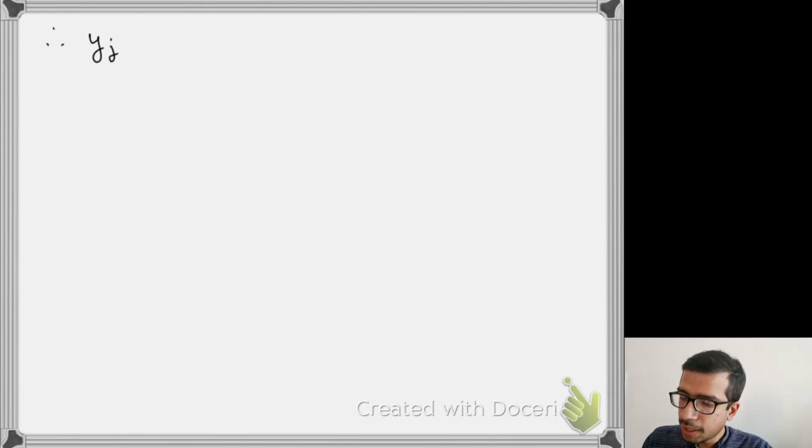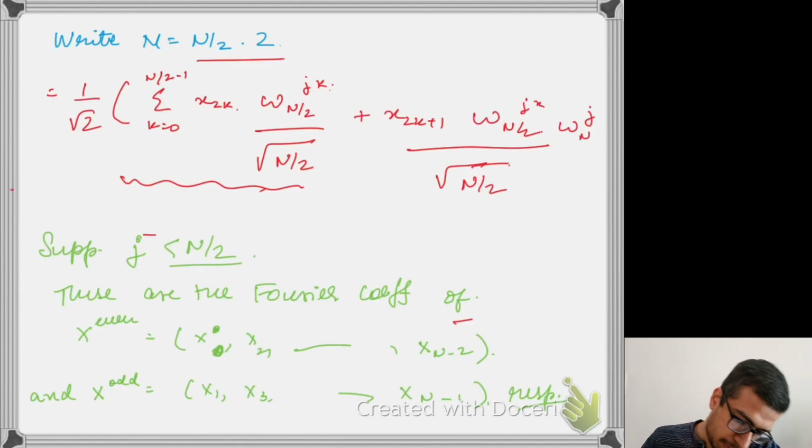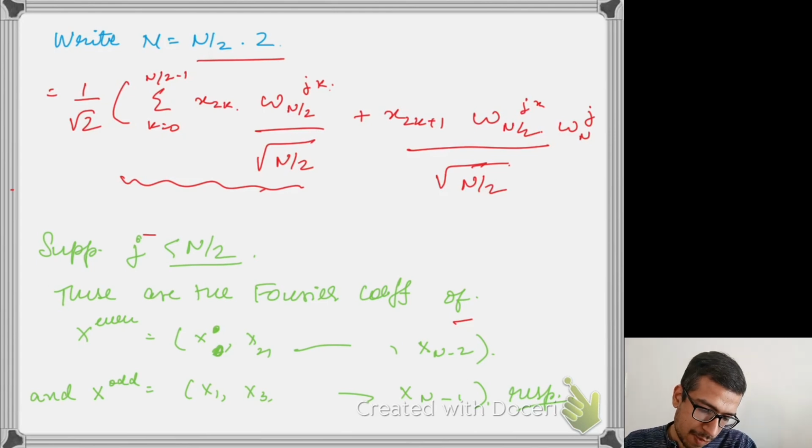So therefore y sub j is now equal to 1 over root 2 of, okay, so this is the y sub j even, and then we have a y sub j odd.